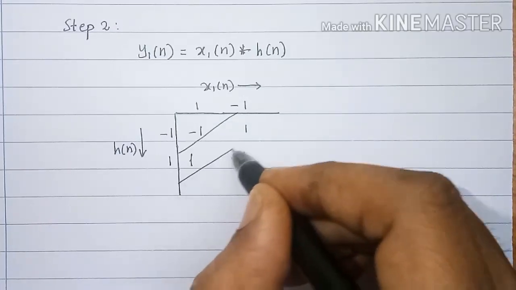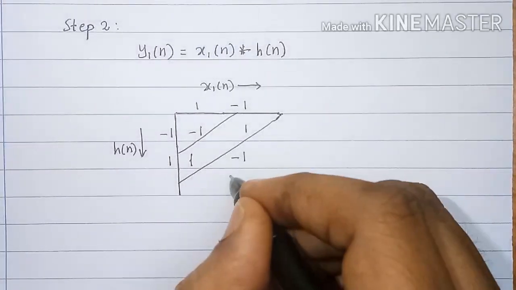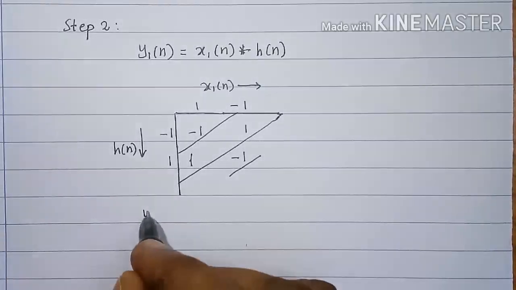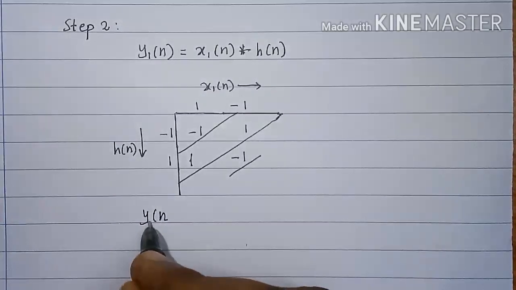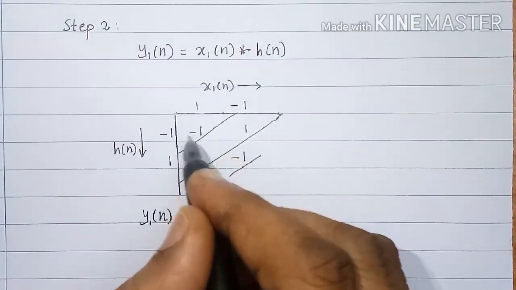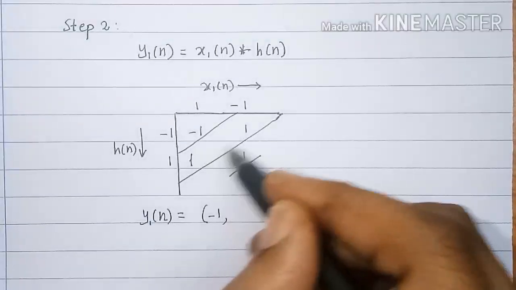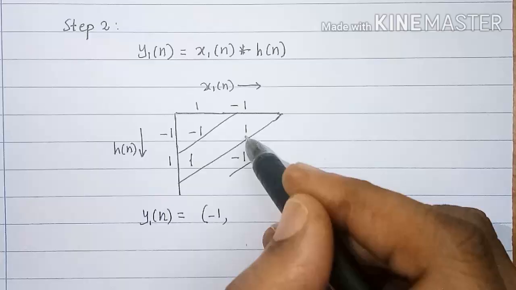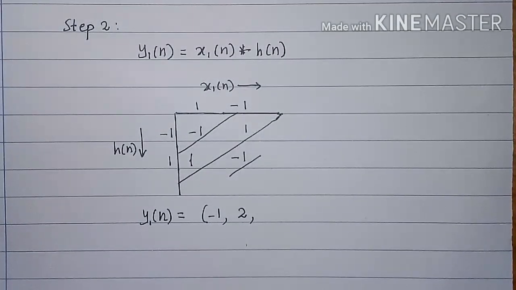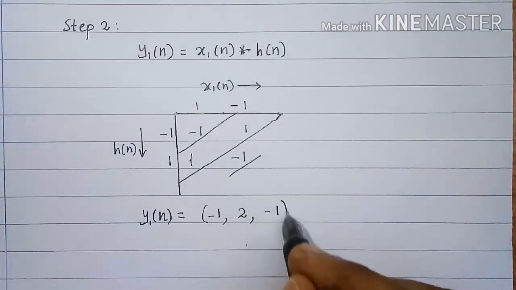Adding the obtained products here, y1 of n is equal to: here is only one element, so it is minus 1. Now we are having two elements here, 1 plus 1, 2. And there is only one element, that is minus 1.